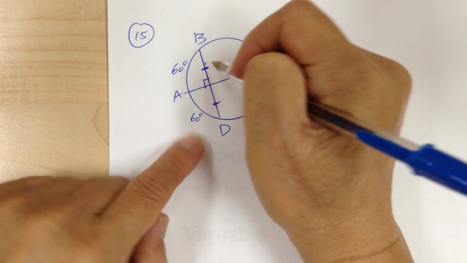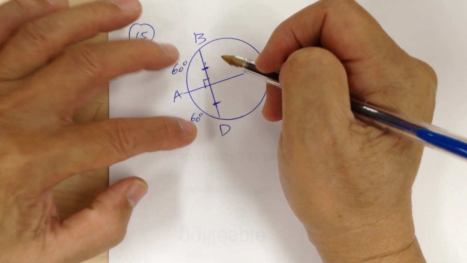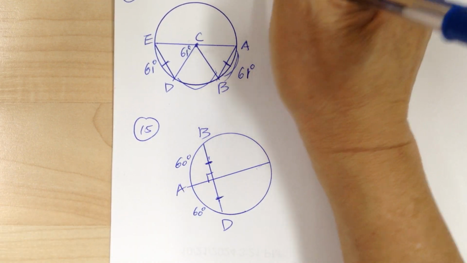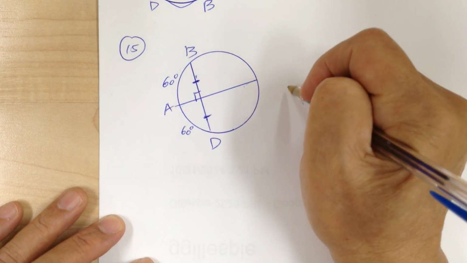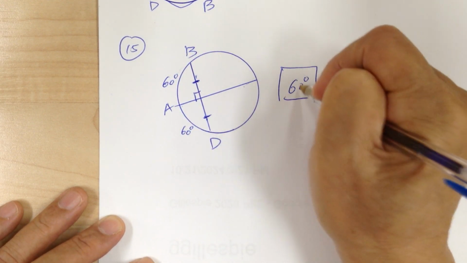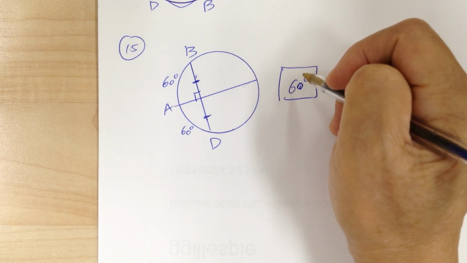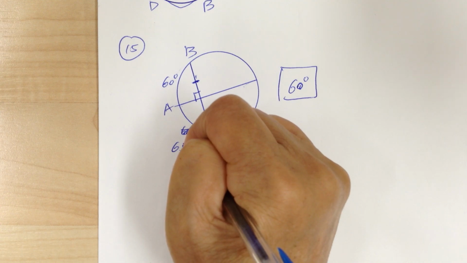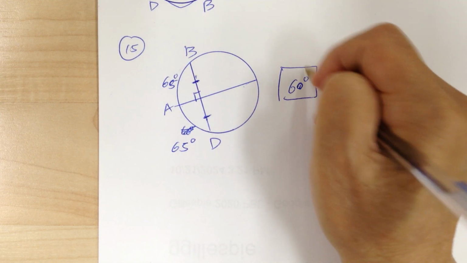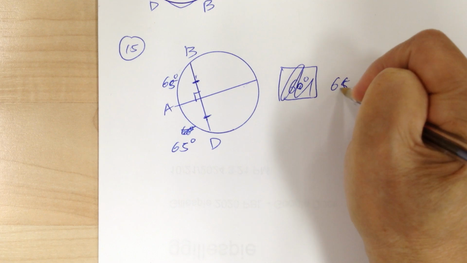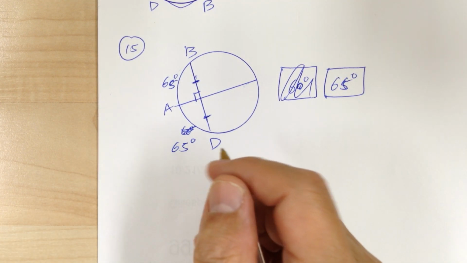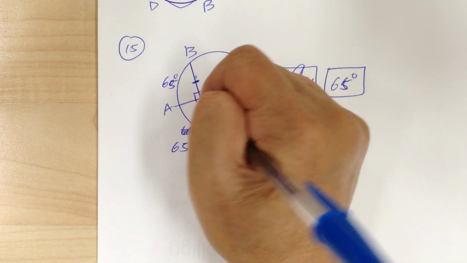If the chords are congruent, the arcs are going to be congruent. What are we looking for? We're looking for arc AB. AB is over here. Wait, this is 65, sorry about that. So it would be 65 degrees.